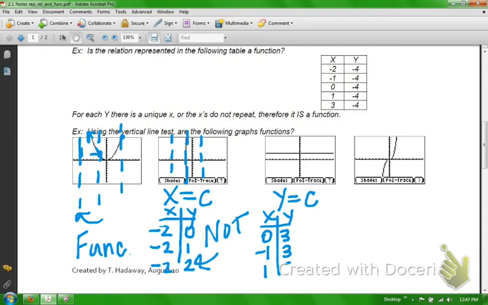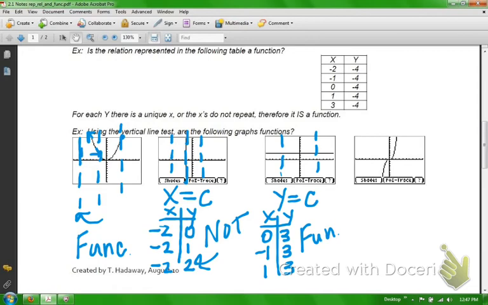At 1, y is 3. So that's how it looks on a table. Imaginary line test, crosses once. Crosses once. You do not have to draw multiple lines. I'm just doing this to show you that at any line you draw, if it crosses it one time, it is a function. All right, let's look at the next one.